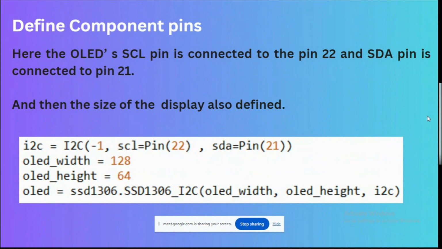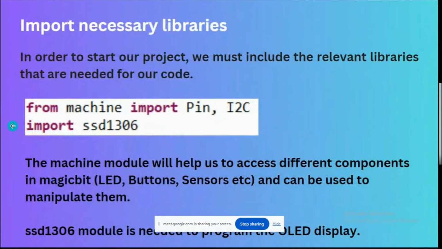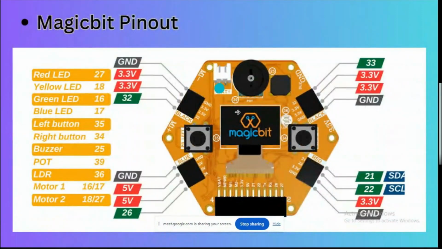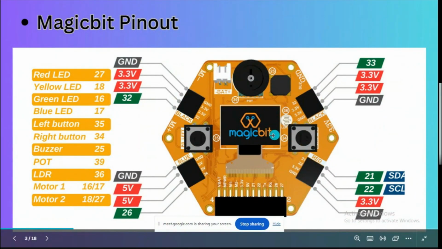Now the component we are using is the OLED display. We have to define in the code which pins this OLED display is connected with on the Magicbit. So that is why we go to the pin configuration of the Magicbit here.